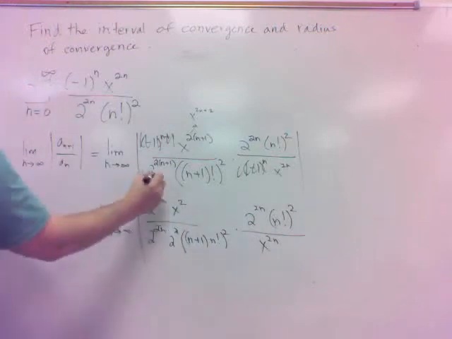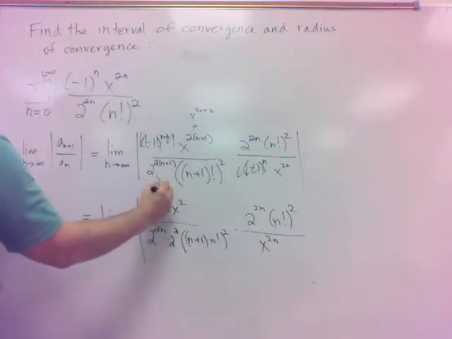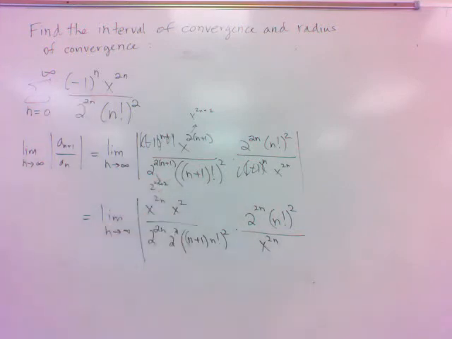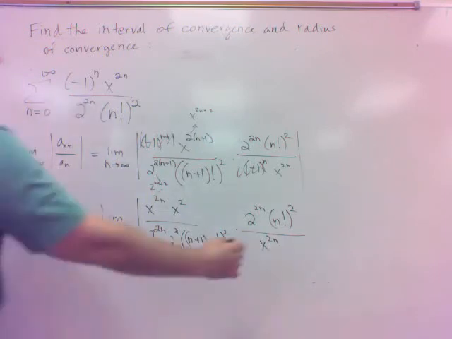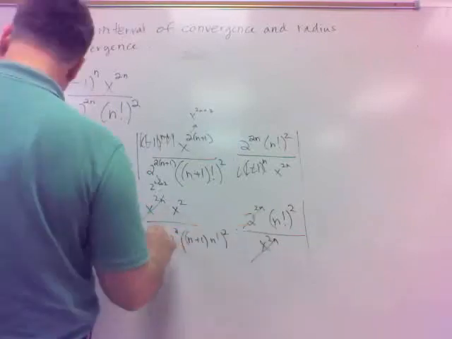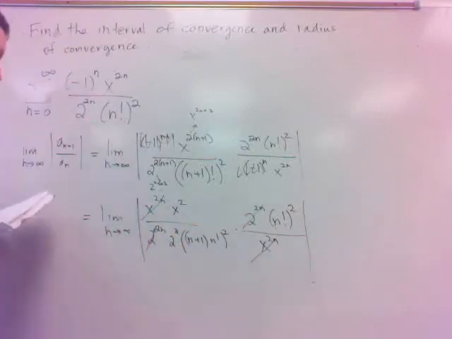All right, so this will be 2 to the 2n plus 2. So that'll be 2 to the 2n times 2 to the 2. Yeah, we've got some canceling going to happen here. x to the 2n's cancel. 2 to the 2n's cancel.